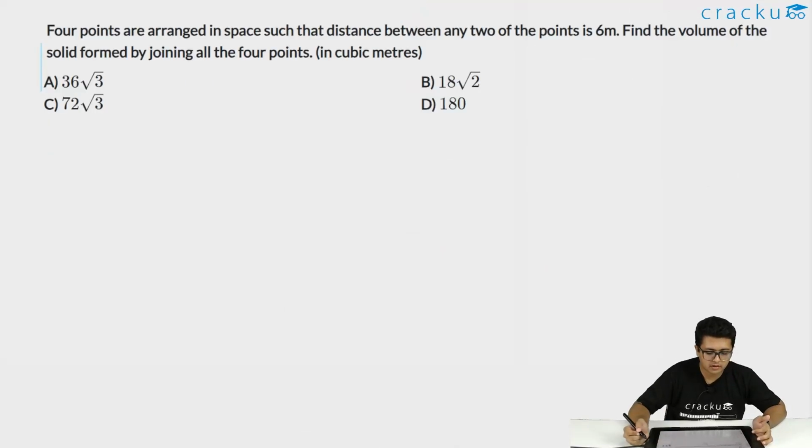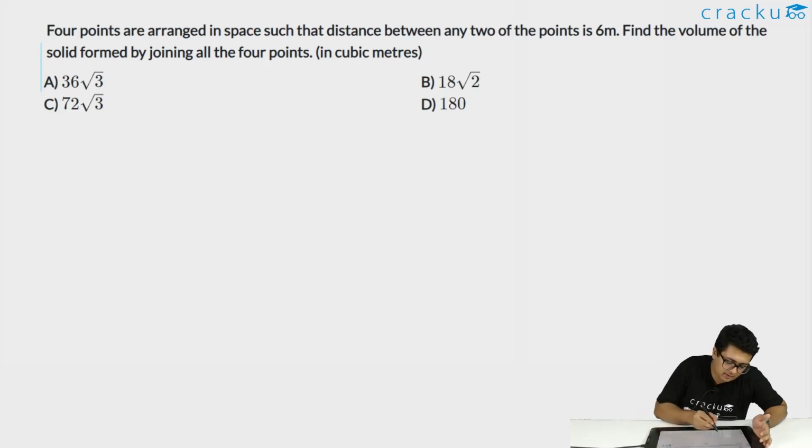4 points are arranged in a space such that distance between any 2 points is 6 meters, right? Find the volume of the solid formed by joining all the 4 points. So we just discussed this, how a tetrahedron is formed, right? It's basically when in a three-dimensional space, when there are 4 equidistant points, all of them connected to each other will form a tetrahedron, right? So let's draw it.